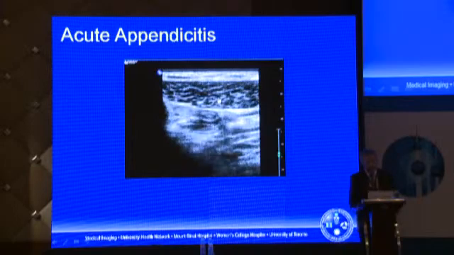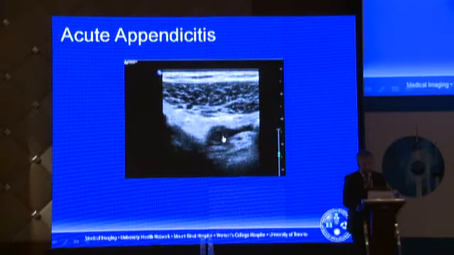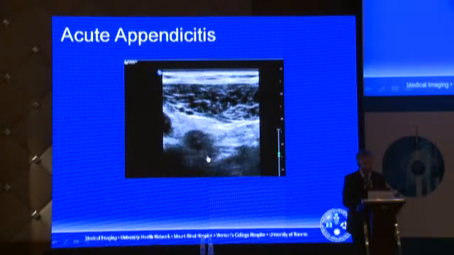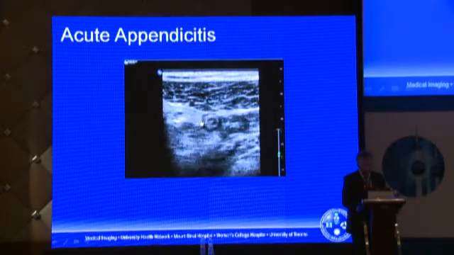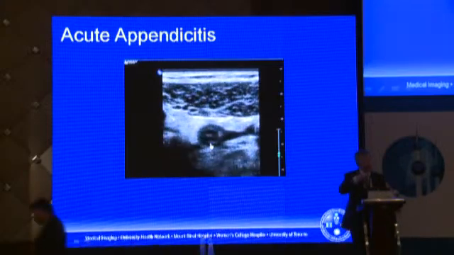Now, here's an acute appendicitis. So exactly the same technique. This appendix is thick-walled. It has an AP dimension of about 9 millimeters with compression sonography. And look carefully here at this sail-shaped echogenic fat.